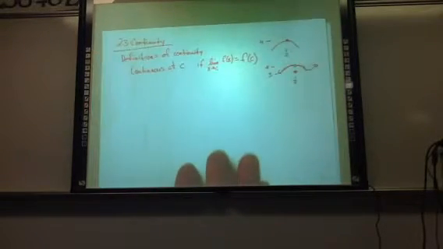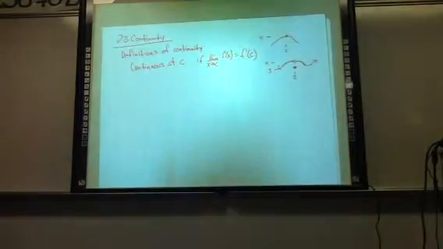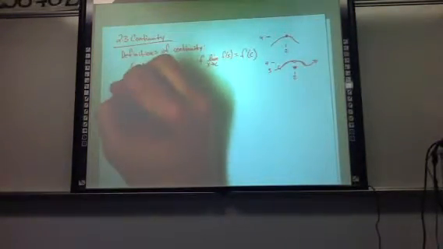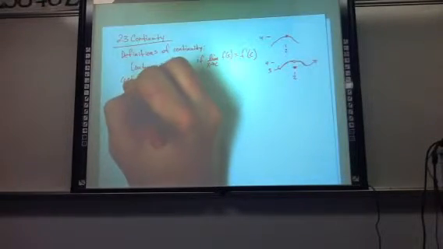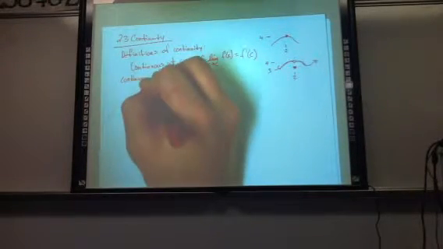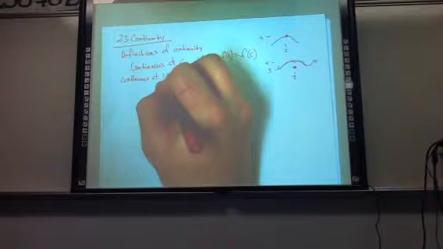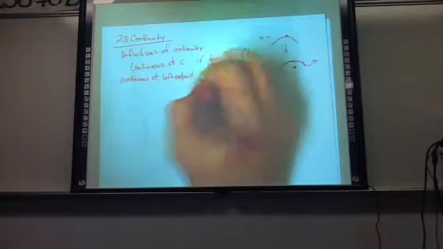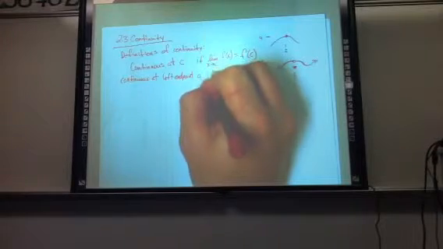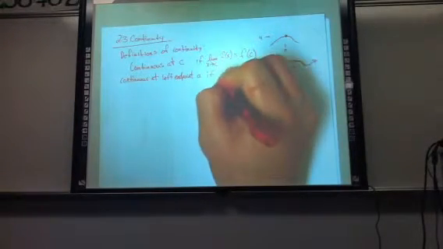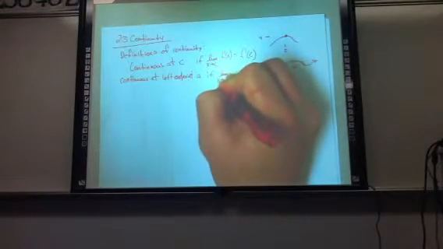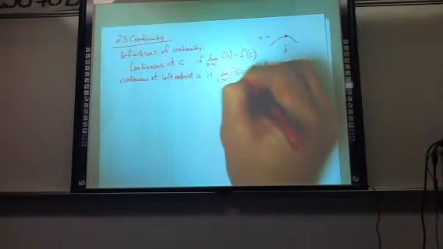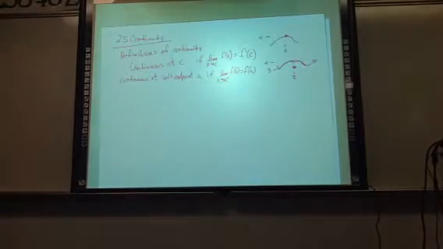That was pretty straightforward. But then the part about the endpoints is next. It's called continuous at a left endpoint a if the limit as x approaches a from the right of f of x equals f of a.